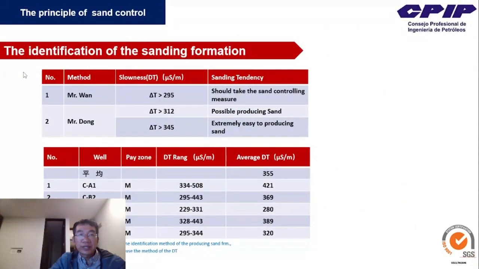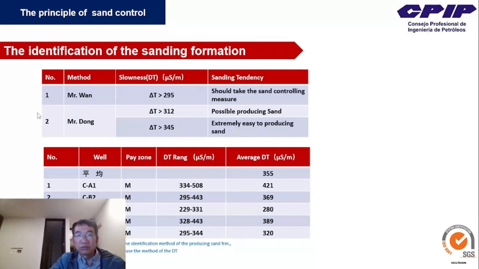We can see in this picture the identification of the sanding formation. There are two methods. The first one is from Mr. Wang, who shows us that a delta T above 295 means we should take sand controlling measures.